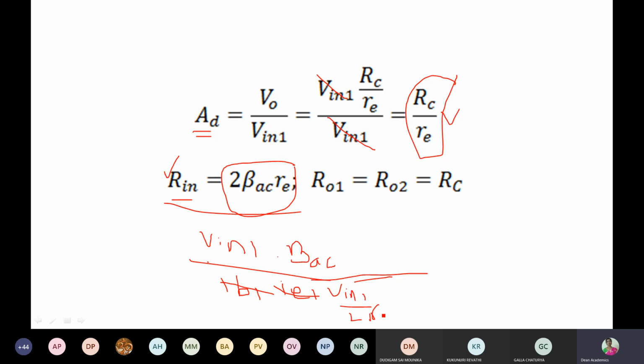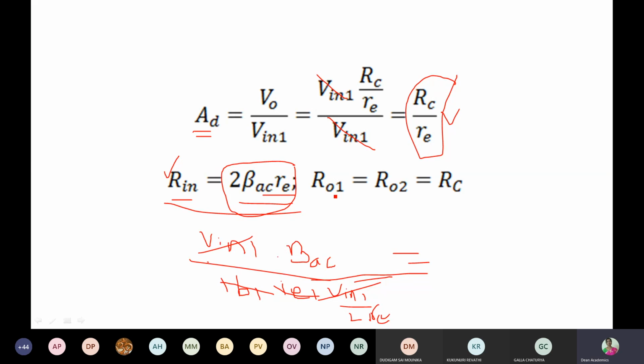So this Vin1 gets cancelled, and this 2Re goes up. Now you will get 2 times beta AC into Re, right? So that is Rin, the input resistance of your single input balanced output differential amplifier, 2 times beta AC into Re. Is this clear?